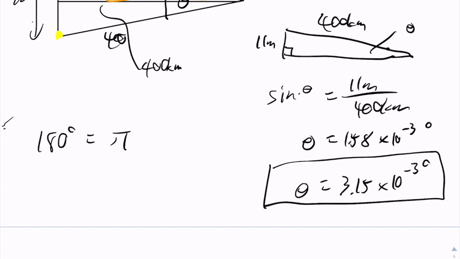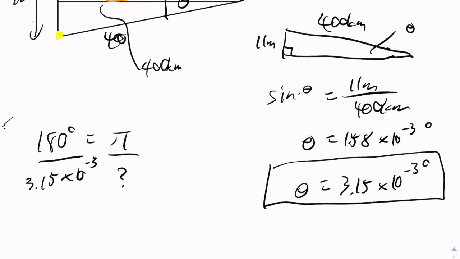So in order to get the value in radians, we're just going to build a ratio here: 3.15 times 10 to the negative 3, which means we're doing pi divided by 180 times 0.00315.